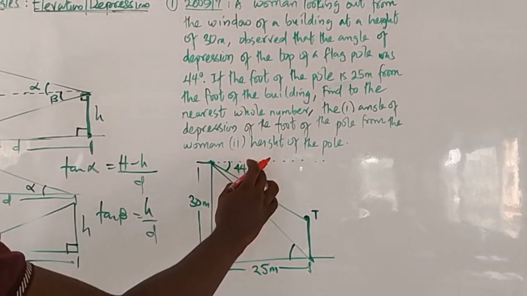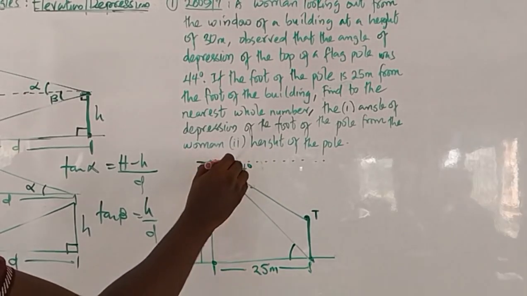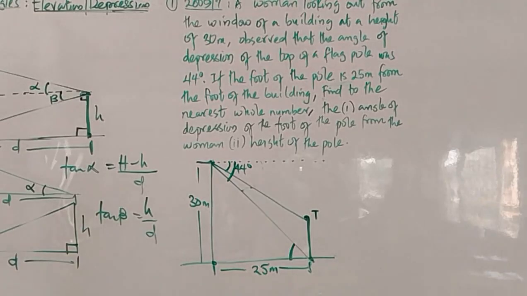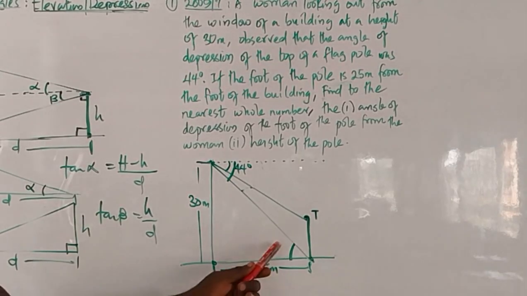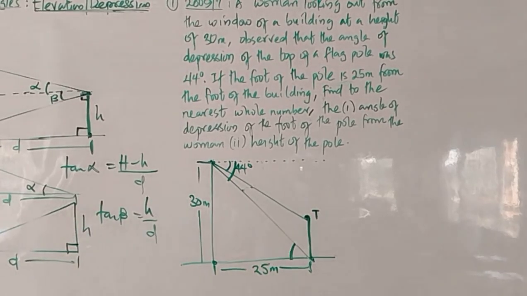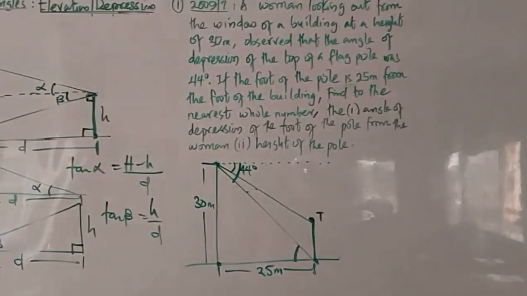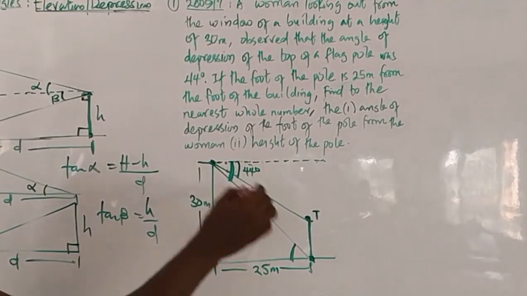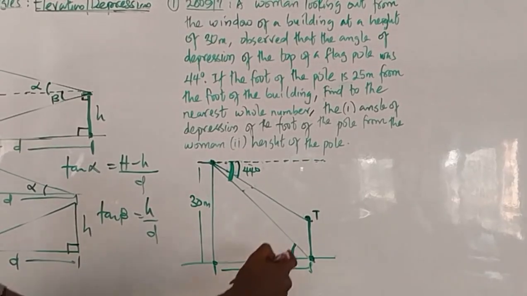Don't mind how big this is. This angle and this angle are equal because they are alternate. So that is what we are looking for first. The first thing is for you to know that this angle and this angle are equal, and this is what we are looking for.